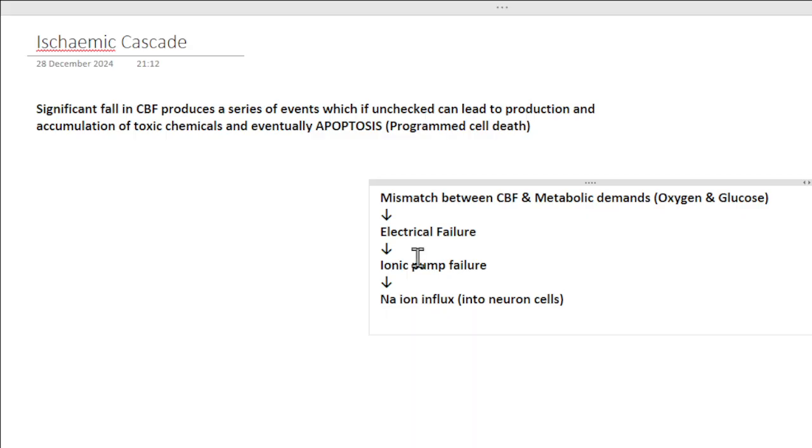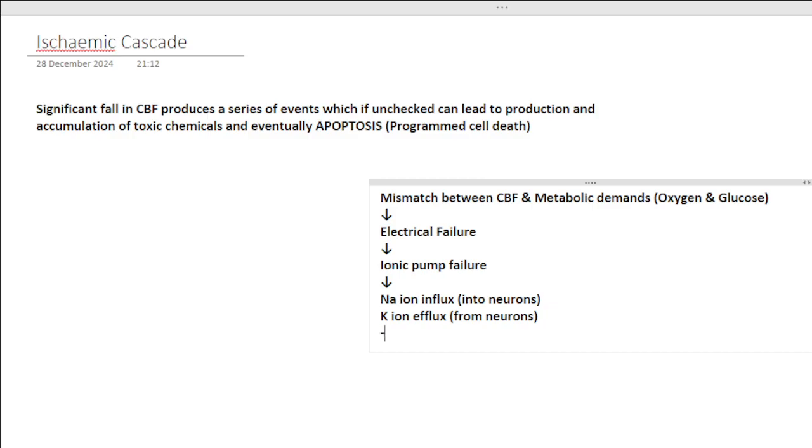And what will it lead to? If Na is changing, then the K plus ion also will change. Efflux, it will go out from the neurons. Rather, just use the word neurons. Okay, fine.